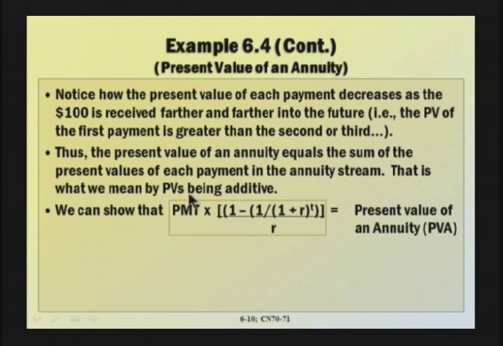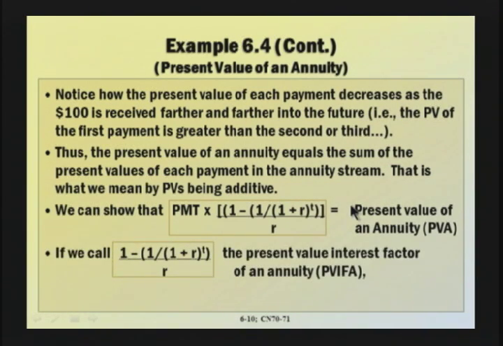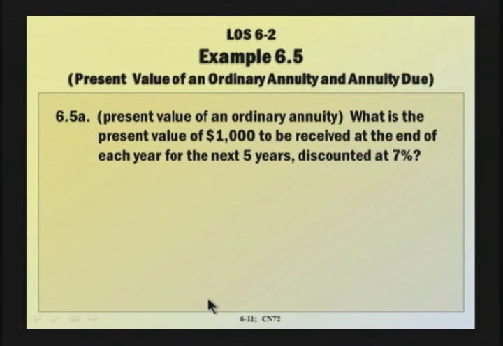Take that factor, multiply by the payment amount, and that will give you the present value of your annuity. We will not work with the formula. You can verify that on your own. We will use the financial calculator. But again, you would just take the payment times that factor to get the present value of the annuity.